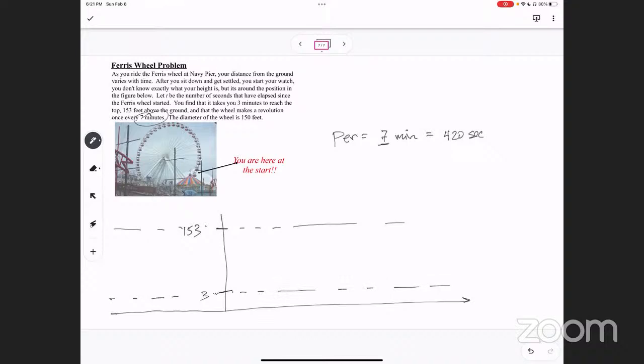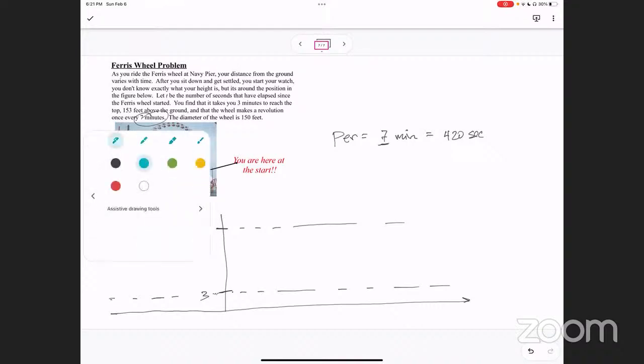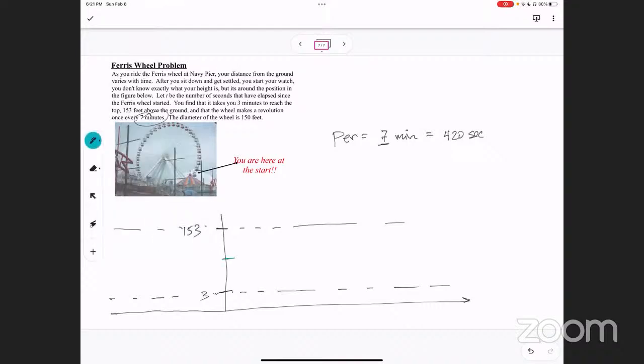So to find the midline, which is also going to be your D, your vertical shift, how would I find this midline right here? Any ideas? How can I use these two numbers to find what the midline is?